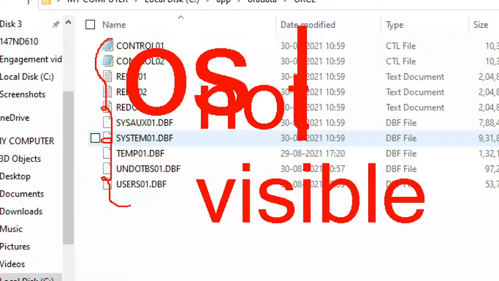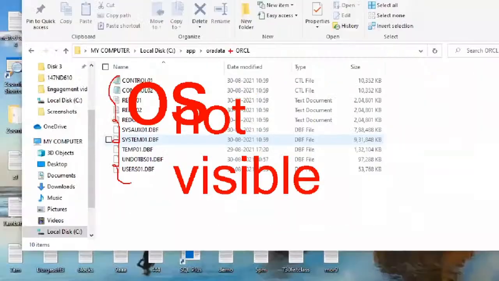Very, very important. Tables are not visible in the C drive, D drive like that. Views are not visible in the C drive, D drive, E drive. Indexes, functions, procedures are not visible. They are visible in a database, I agree, but unfortunately not visible in the operating system.